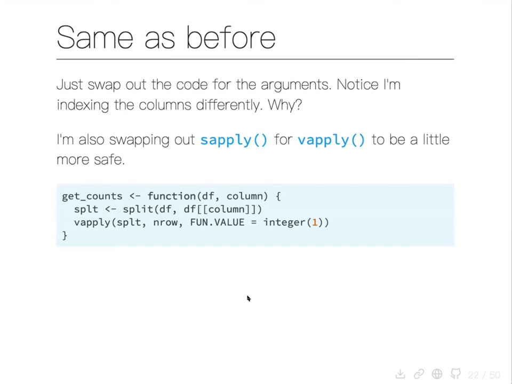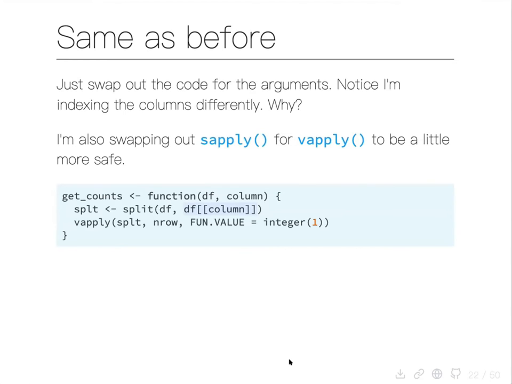To be a little safer here, I'm making a few changes. First, this one's fairly significant. I have to index the column slightly differently on my split. So I'm using df double bracket column, and I'm expecting column to be a string.